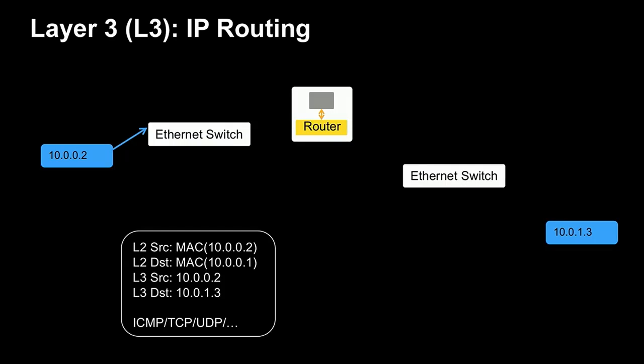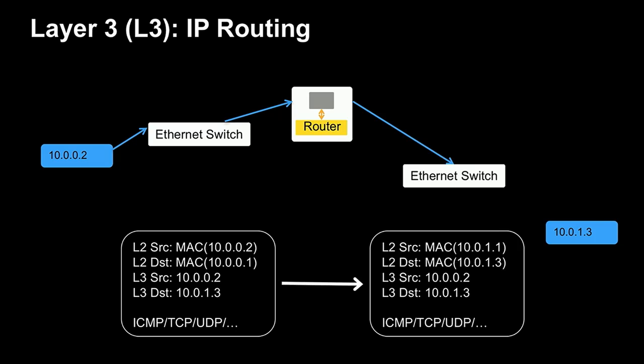And of course, the L2 source MAC address is the 0.2's MAC. The destination is the router. L3 source is 0.2, and L3 destination is 1.3. That gets sent to the router. As we know, the MAC addresses get flopped, so the L2 source is now the MAC address of the router. The destination is the MAC address of the 1.3 node. The L3 address is unaffected.